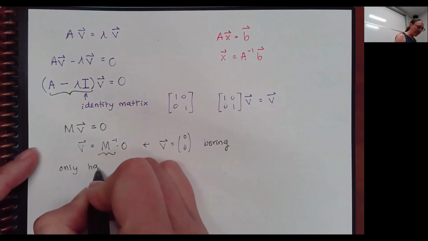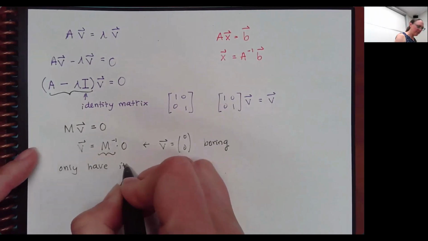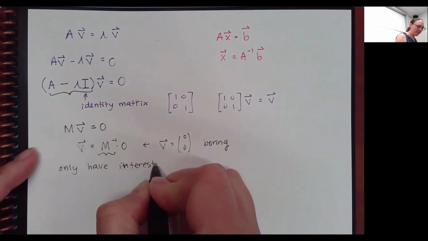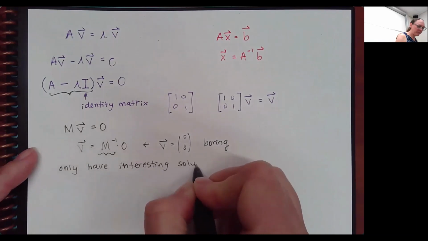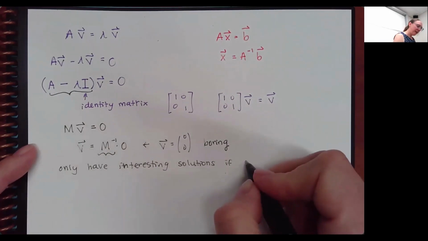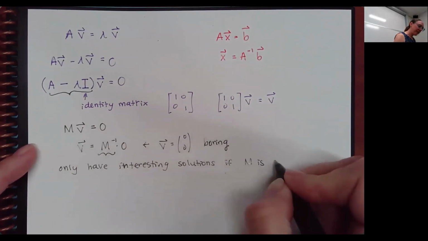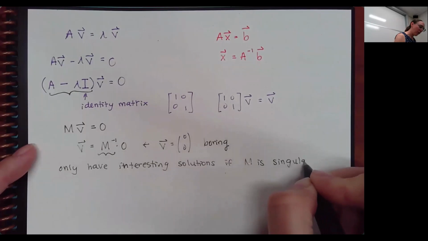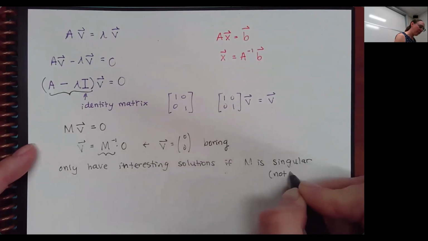So we only have interesting solutions if M is singular or not invertible.